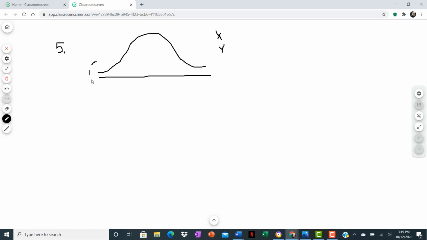Here's a tail, here's a tail. When we're talking about tails, we're talking about the values at the very ends. If we're talking about values that are low, we tend to be on this side. If we're talking about values that are high, we tend to be on this side.